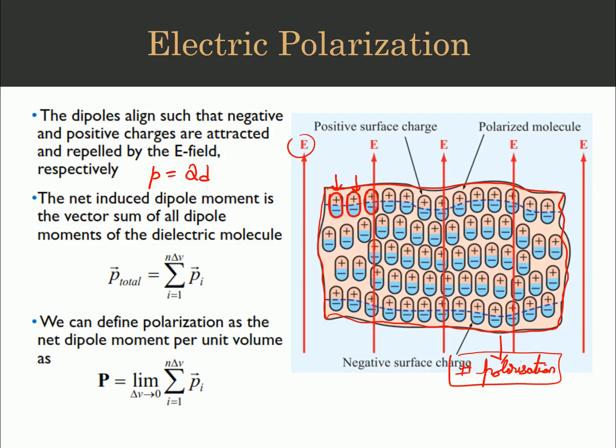If you add all these dipole moments shown over here, you can sum them together into a single value and represent it by P. So the total dipole moment is basically the sum of all small dipole moments, and polarization is defined as the limit as delta V tends to 0 of the sum of all the dipole moments per delta V. Delta V tends to 0 means that the space inside this slab squeezes to just a single point, maybe this point where we have only one moment existing. So this is known as polarization.